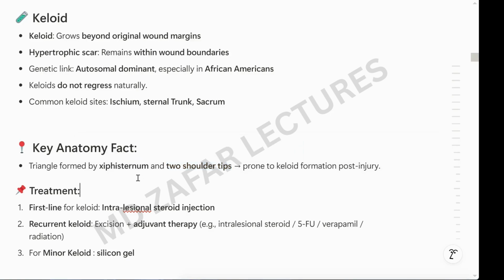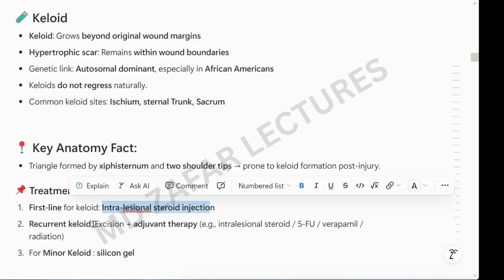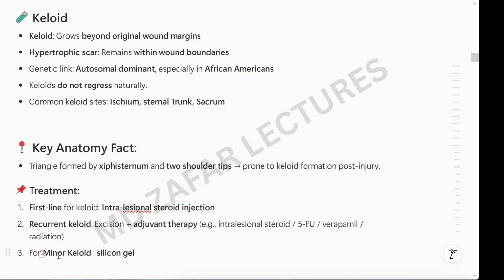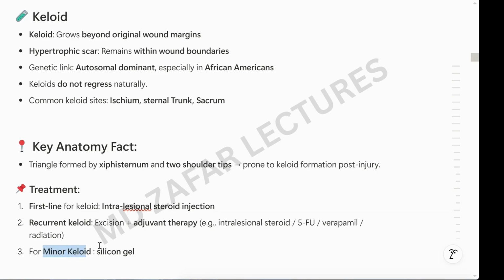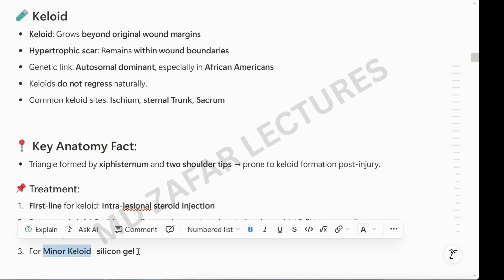Talking about the treatment for keloid, the first line treatment is intralesional steroid injection. However, for recurrent keloid, excision plus adjuvant therapy with intralesional steroid or radiotherapy can be the management. But if the MCQ asks about the management of a minor keloid, then silicone gel in association with intralesional steroid injection could be selected.